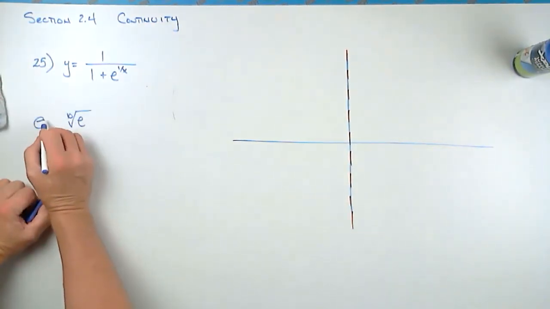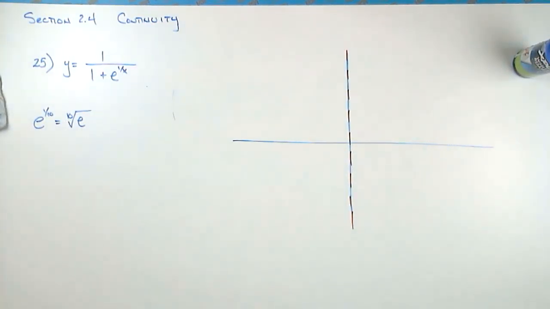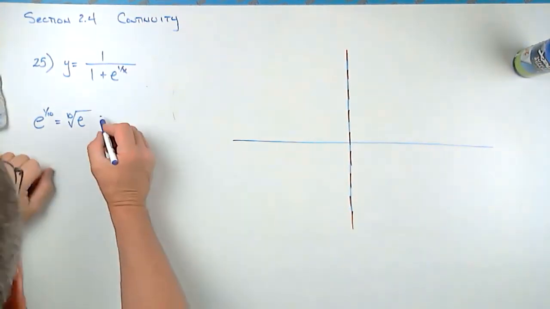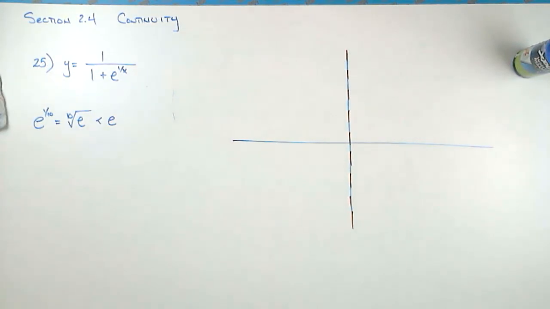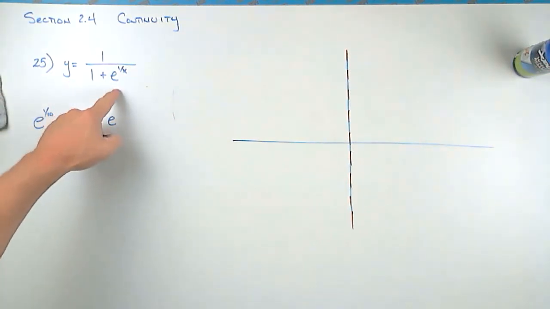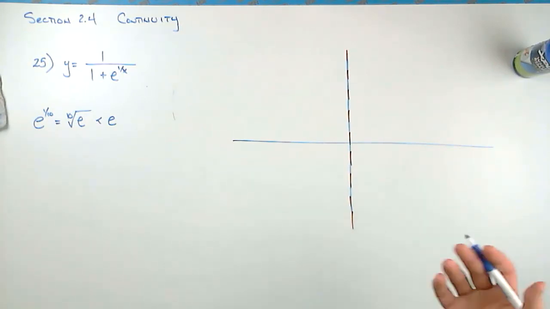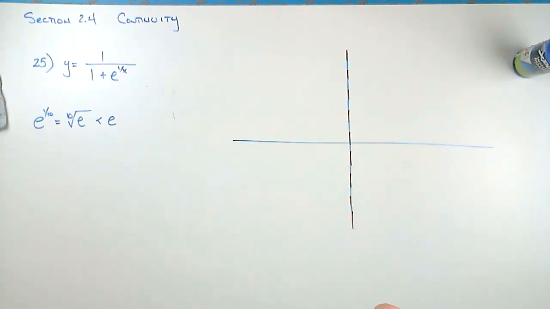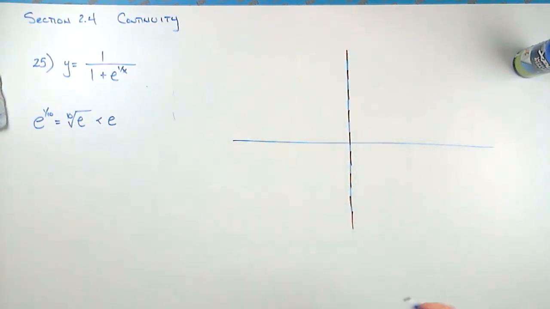That's what they taught us in Algebra 2. Now, what do we know about this? Well, we know this is less than e, smaller than e. So I've got 1 plus a number smaller than e. Before it was about 1/4, but now I'm smaller than a 4 on the bottom. My denominator is actually getting bigger.